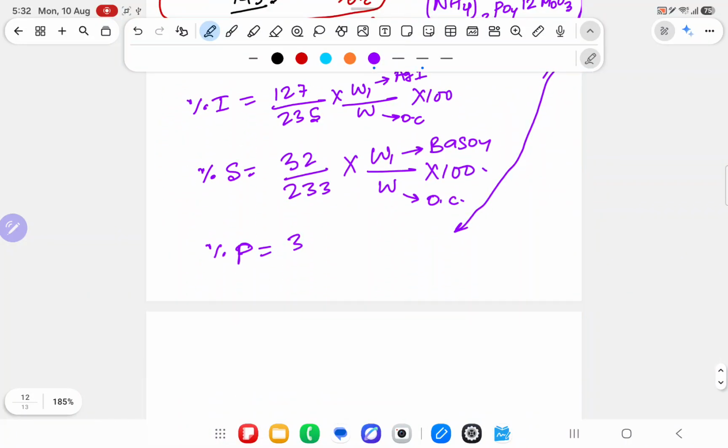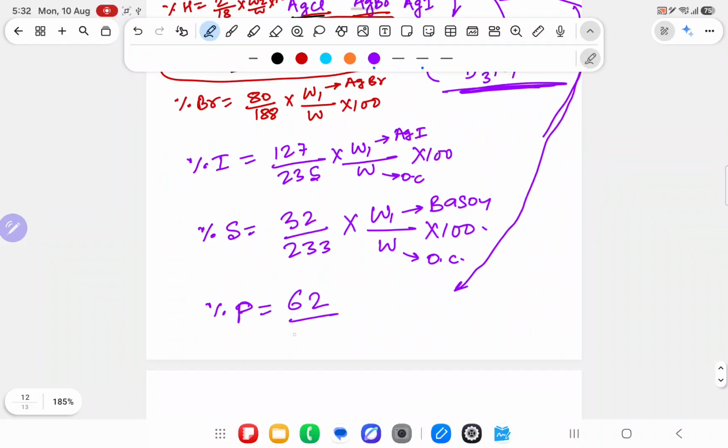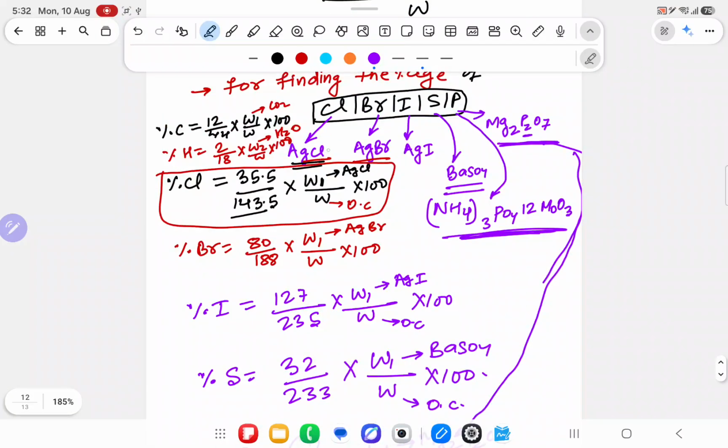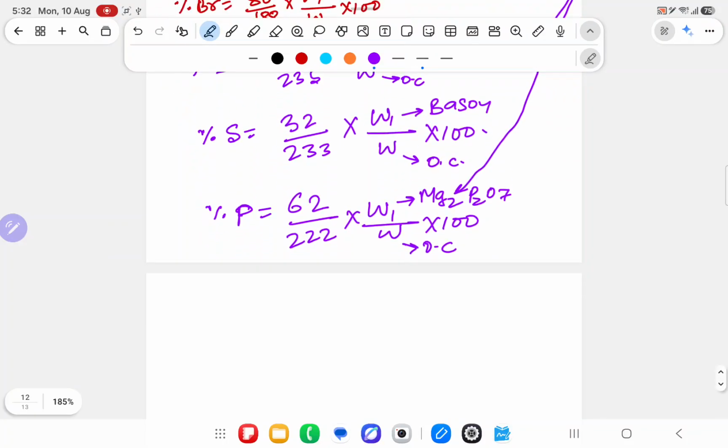So 31 into 2 is 62, by weight of Mg2P2O7, which is 222, into the given weight of Mg2P2O7 by W into 100. Sir, in every other place you are writing one weight because in AgCl there is only one Cl, only one Br, only one I, only one S. But over here there are 2 phosphorus, so 2 weights I have written. So 62 by 222 into W1 by W, the weight of organic compound, into 100.